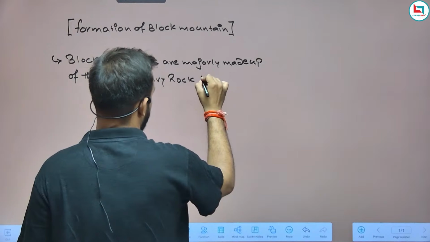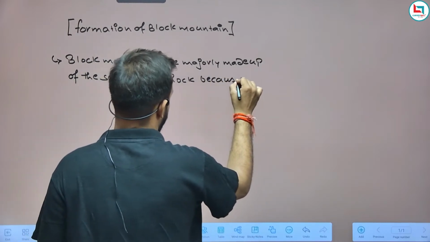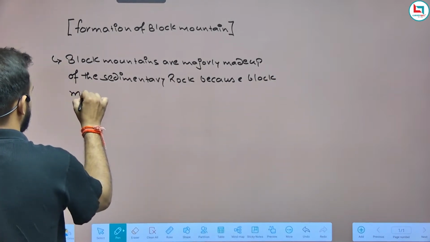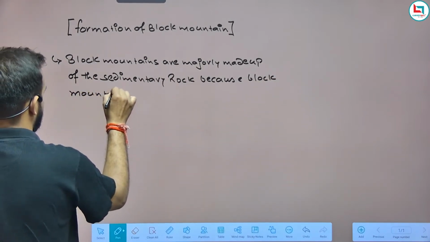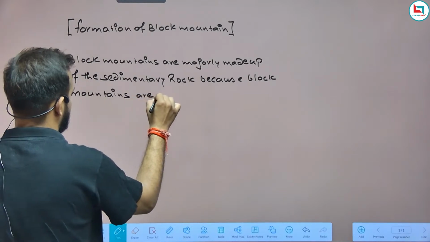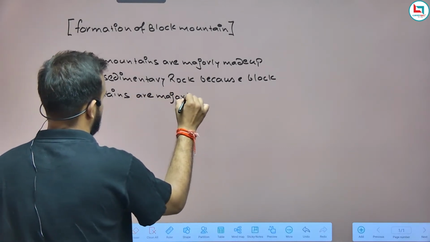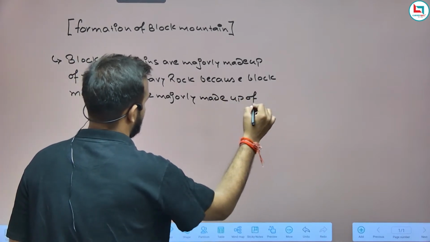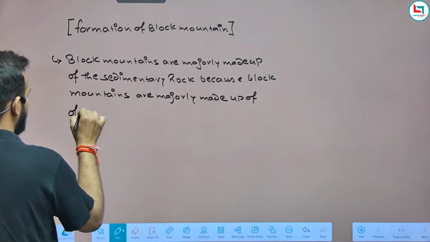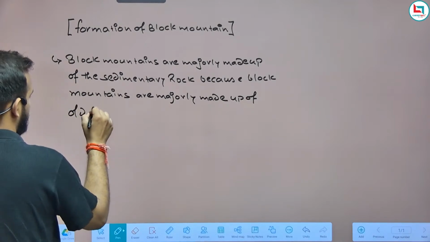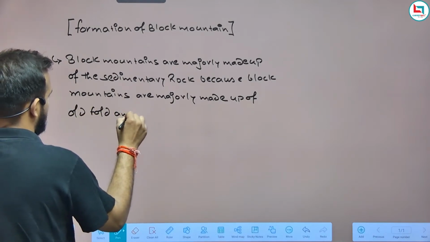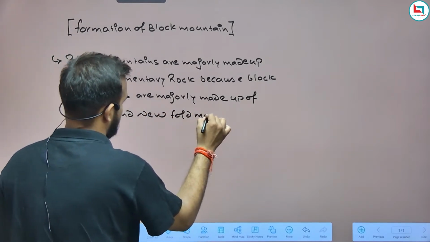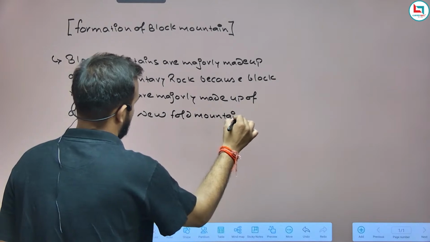Because block mountains are majorly made up of old fold and new fold mountains.